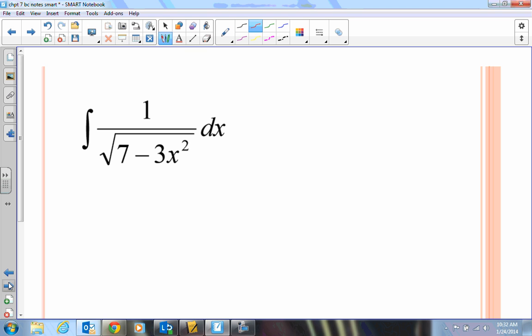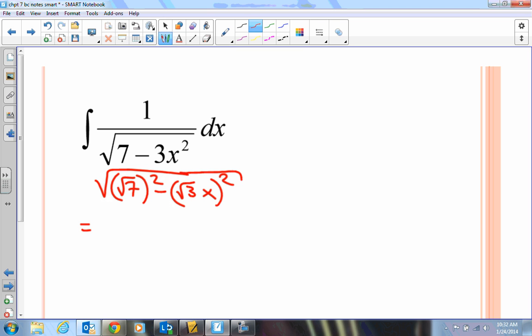When I look here, remember, I like to do the setup so I can see what it's going to be. This would be radical 7. This would be radical 3x. It is a squared minus u squared, so I should think sine. So if I was to do a substitution, then I would make what?